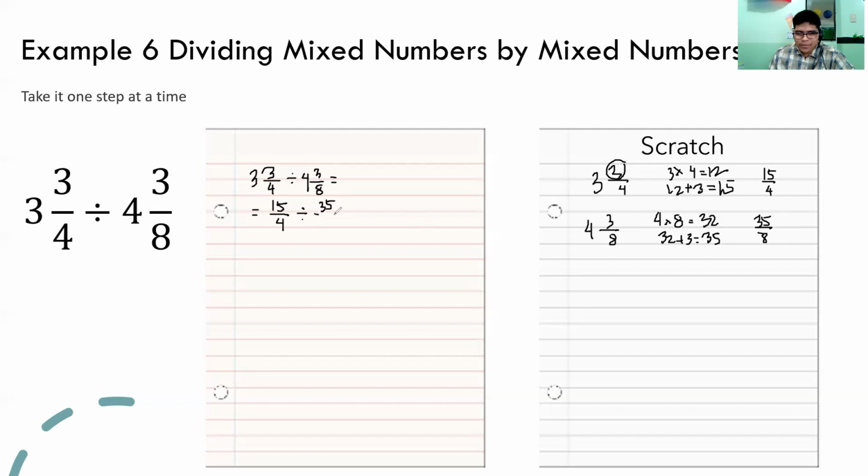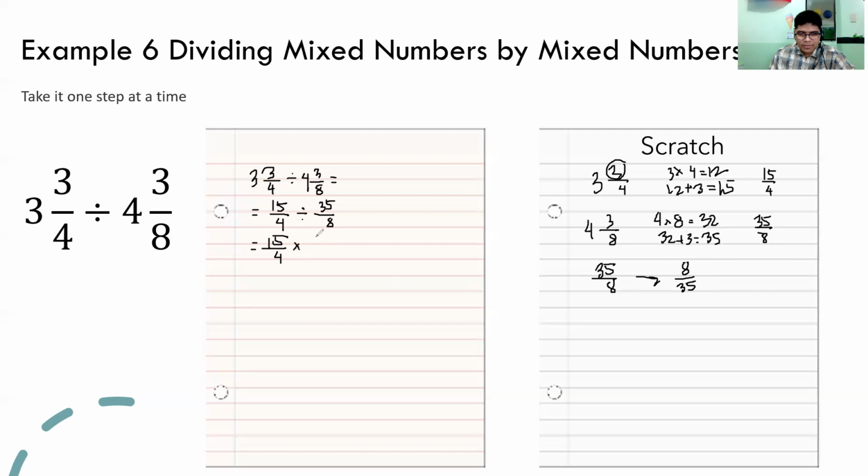Now we will just deal with this like we did earlier with dividing fractions by fractions. We copy the first fraction, and then let's get the reciprocal of 35 over 8, which is just 8 over 35. So let's write that there.